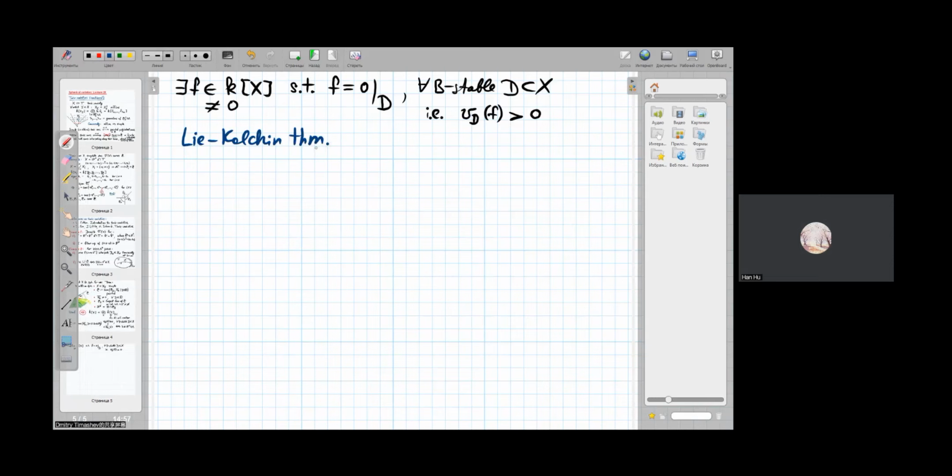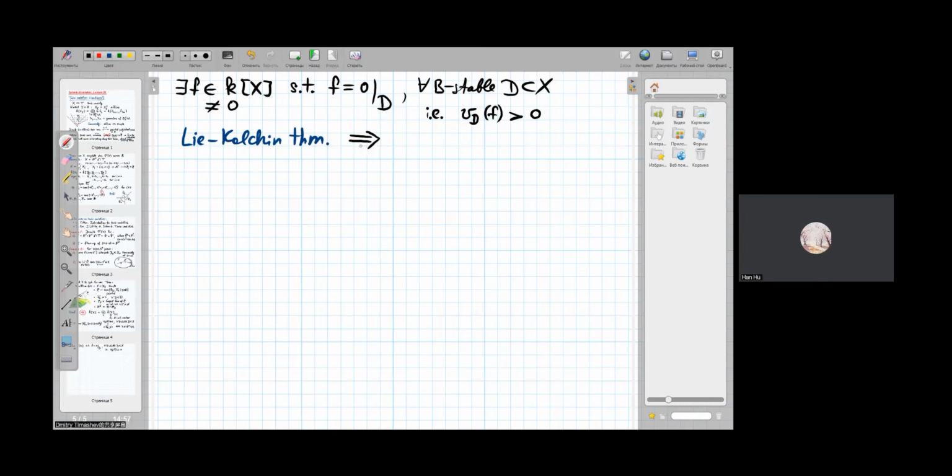And we can consider the action of the Borel subgroup B on the vanishing ideal of the union of all D's. It is a B-stable subspace in the coordinate algebra of X. And there exists an eigenvector in this vanishing ideal.